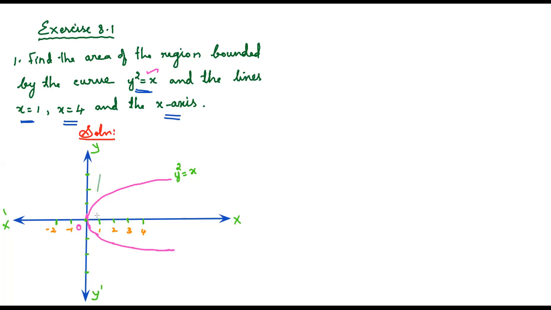So x is equal to 1 is a line that passes through the point 1 on the x-axis.